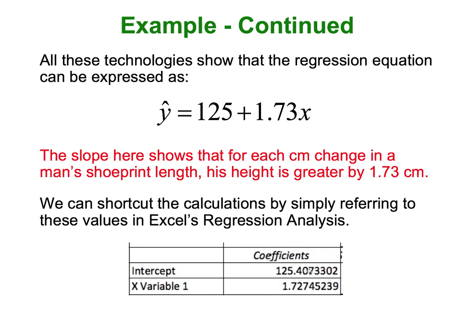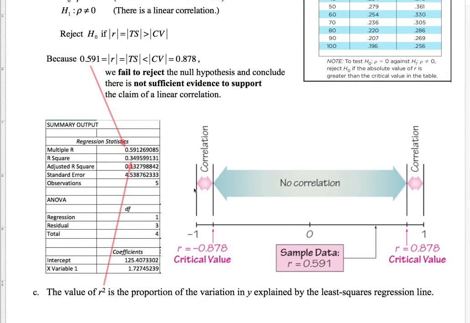And so if you locate this portion of the regression analysis report, which is right down here, then you can find those values, and there you have your regression equation.